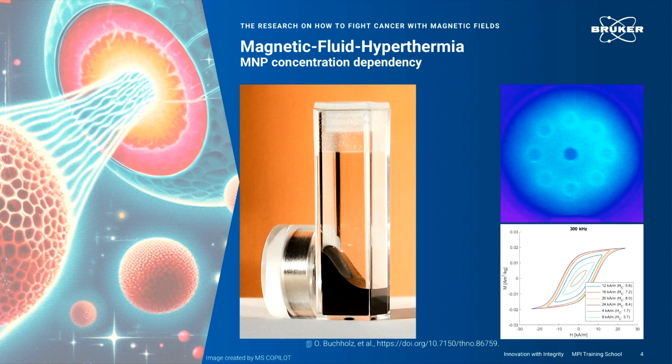This can be seen here by a thermal camera pointed toward the phantom, where we have placed different concentrations of one single particle type. And as you can see, they heat up significantly, in this case by a 700 kilohertz oscillating magnetic field.